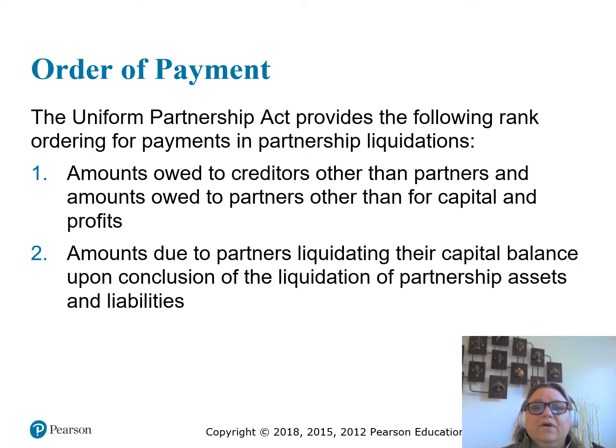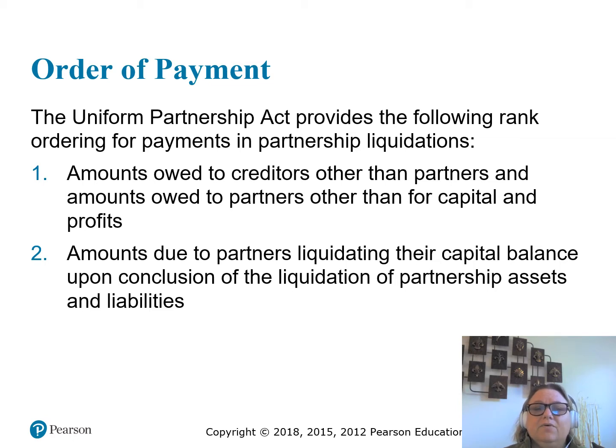So the Uniform Partnership Act provides the following rank for payments in partnership liquidations. The first thing you do is pay the amount owed to creditors other than partners, and the amounts owed to partners other than for capital and profits. Then the amounts due to partners liquidating their capital balance upon conclusion of the liquidation of partnership assets and liabilities.